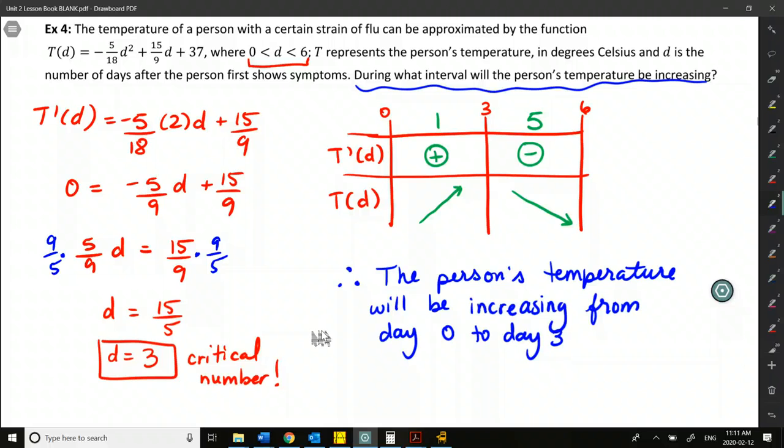Okay, at some point during the 3rd day, they're going to reach a maximum, right, where then the temperature starts decreasing. Any questions on this one?